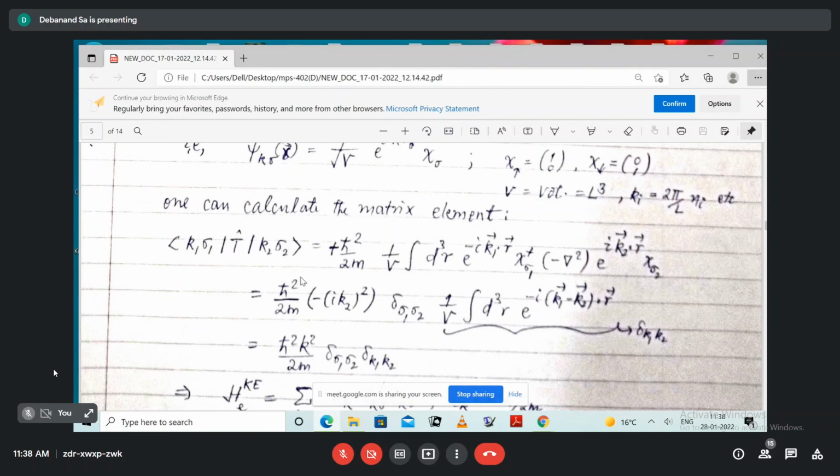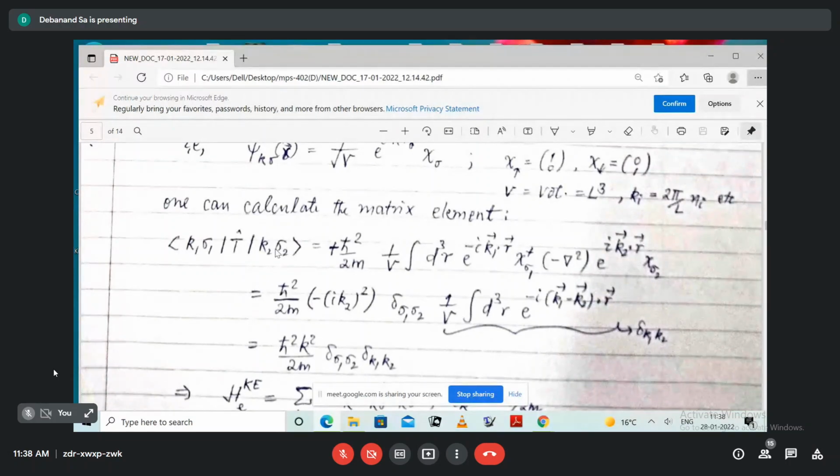So your matrix element of the kinetic energy operator in the plane wave basis is just this, with of course the delta functions, because there's a sum over k1 k2 and sigma 1 sigma 2, because this is i and this is j and both are summed. So your k1 k2 sigma 1 sigma 2 are summed.